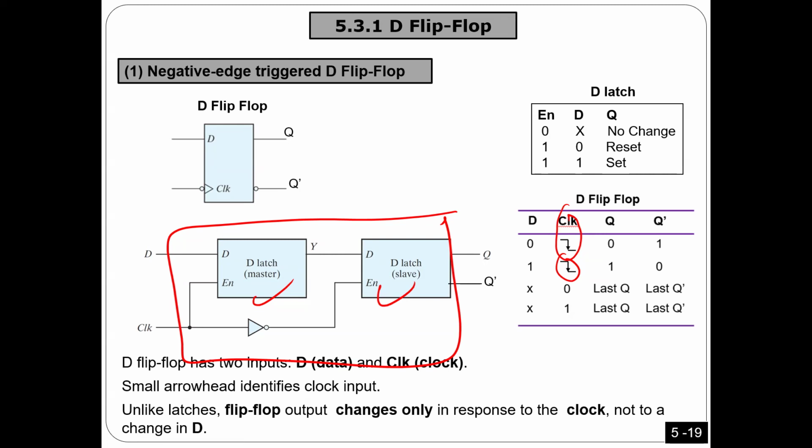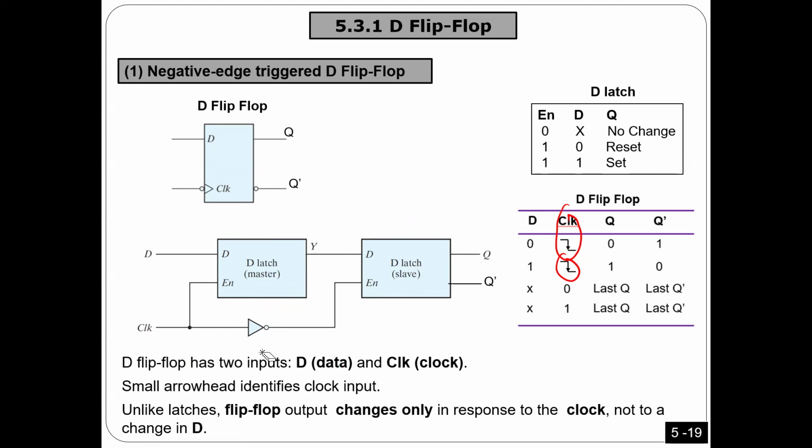I can say both of them are storage units, but one of them, the latch, is going to change immediately. The other one, the flip-flop, the stored value is going to change only at specific times. You got what I'm saying? But how can you make it? That's what I'm going to teach you right now.